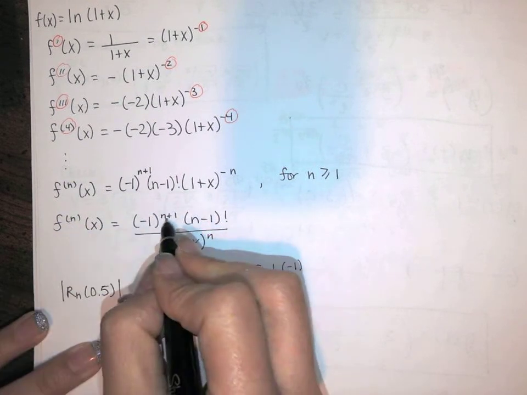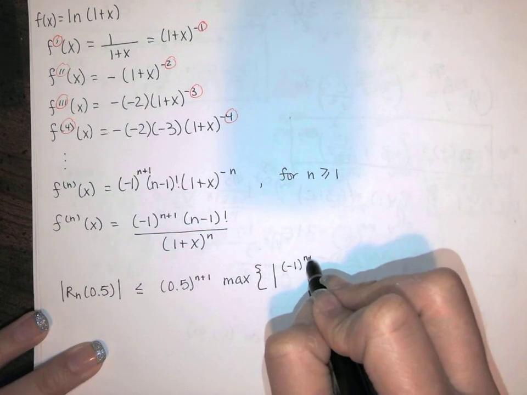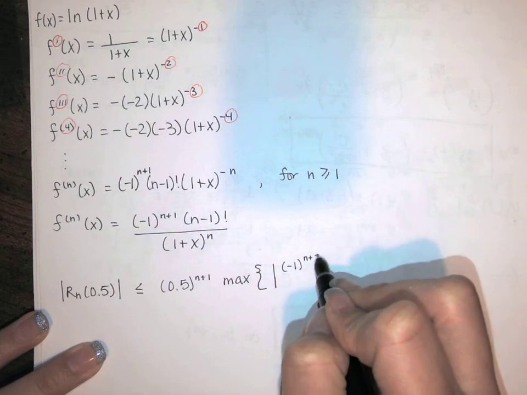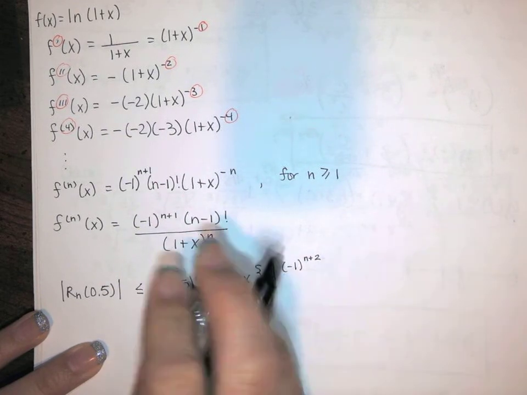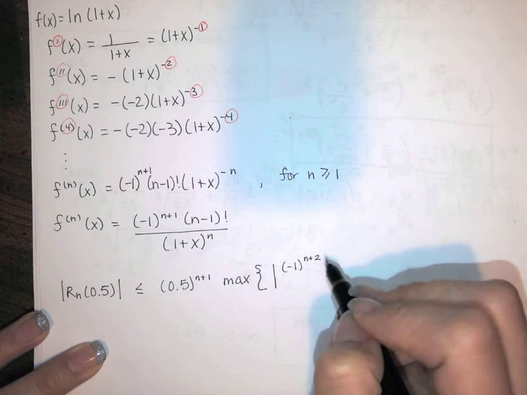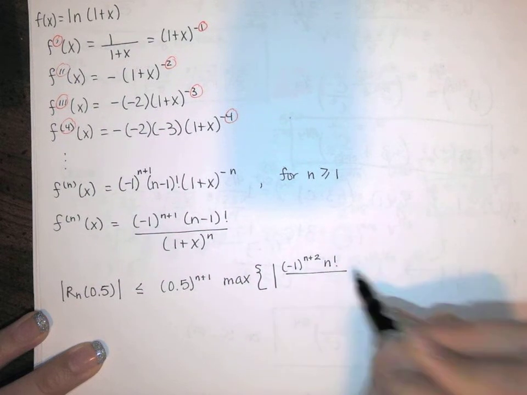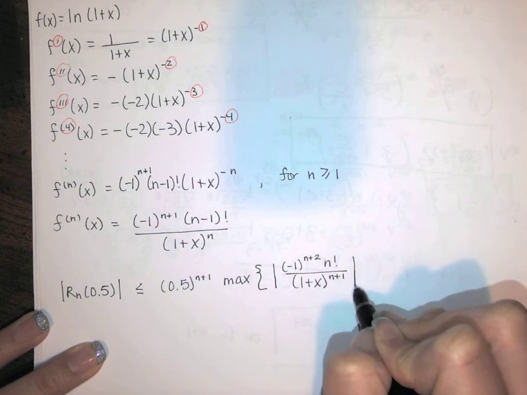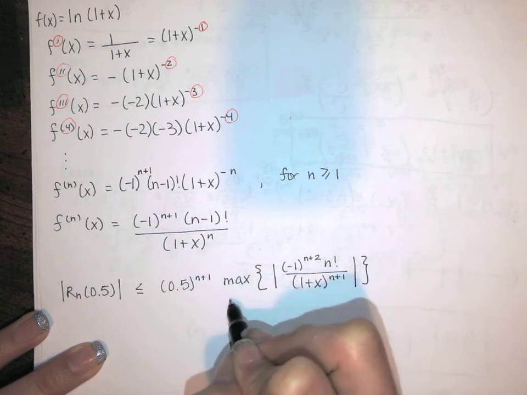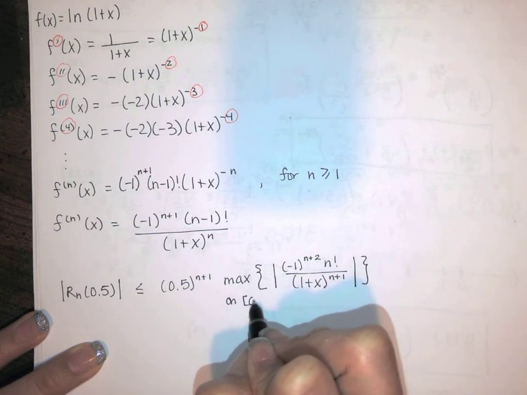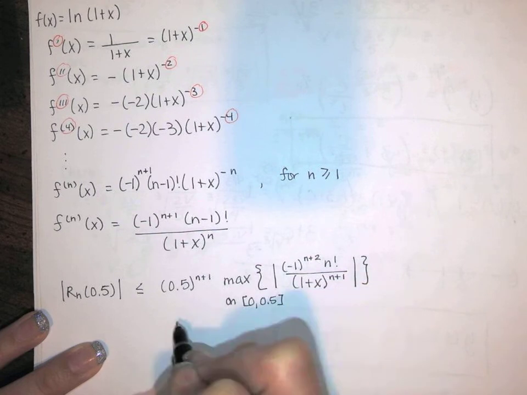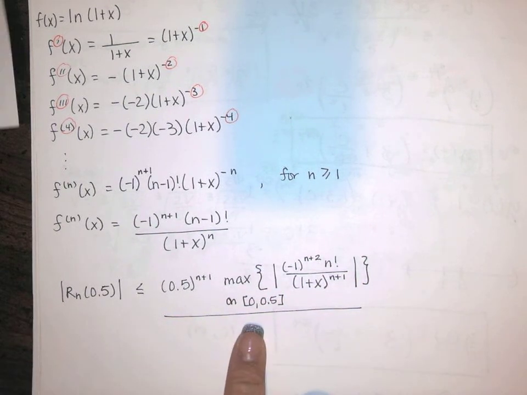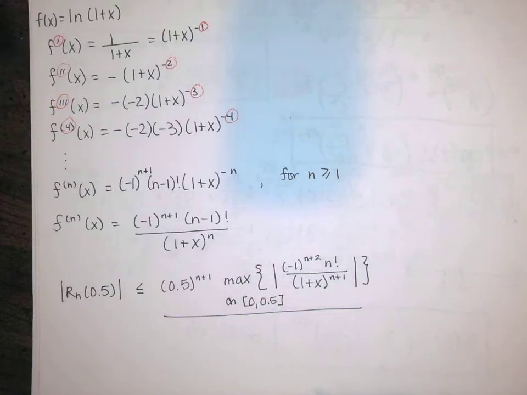So actually, let's replace all these n's with n plus 1's. So we're going to have n plus 1 plus 1, so it's going to be n plus 2. And then if I replace the n with an n plus 1, that'll just be an n factorial there, over 1 plus x to the n plus 1. We're maximizing on the interval from 0 to 0.5 for our x values. And we're dividing all of this by, according to our formula, n plus 1 factorial.